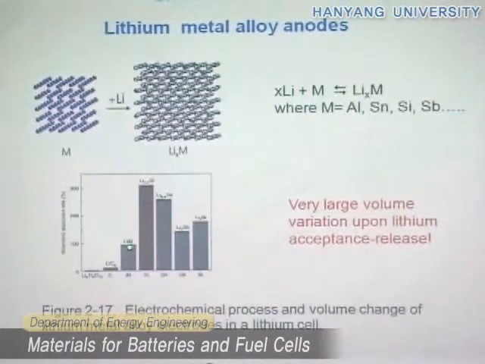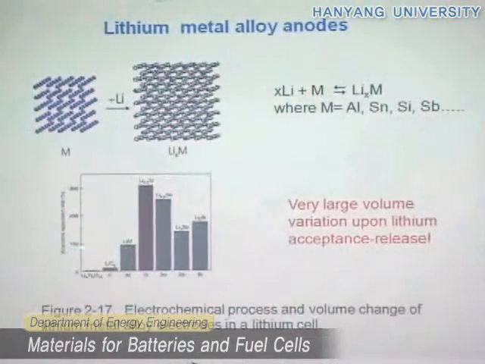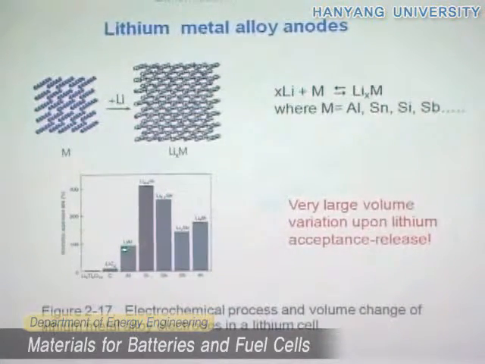in the metal. You see that if you make a lithium aluminum electrode, we have 100% volume expansion. Forget about this one. Tin is 250%. Silicon is 300%. While you see graphite has maybe a little one, and most important, titanium oxide has practically no expansion. Why is this expansion so bad?